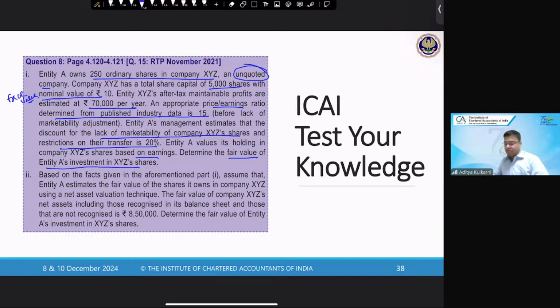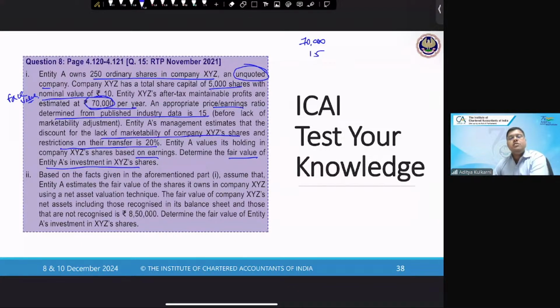Now, after tax maintainable profit is 70,000. Do you agree? Yes. My profit will be 70,000 per year. Now, what is the PE multiple? 15. But this is before any adjustment.